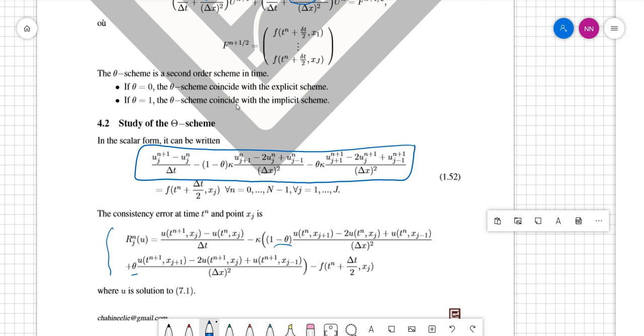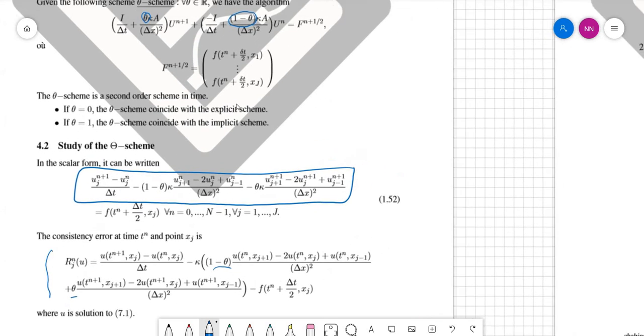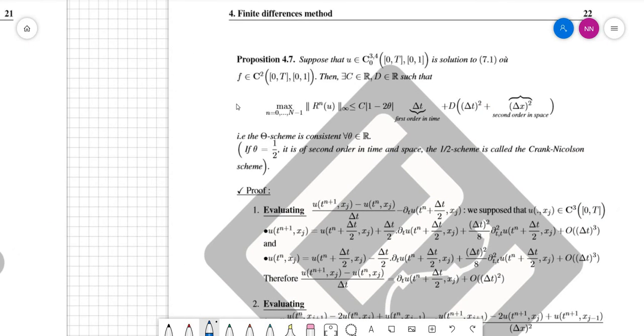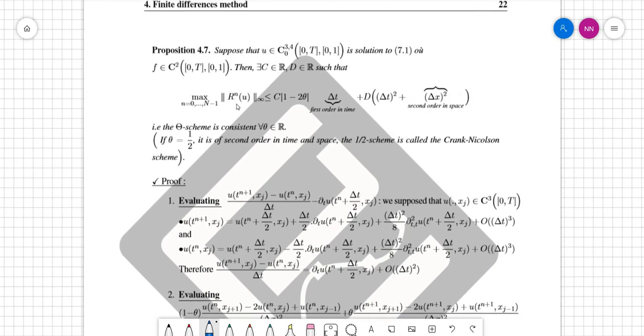To calculate the consistency error, we will proceed as before. So we'll be calculating the Taylor expansion. In the first expression, we calculate the Taylor expansion of u(t_n+1, x_j), and in this case also of u(t_n, x_j) for a time step of delta t over 2.